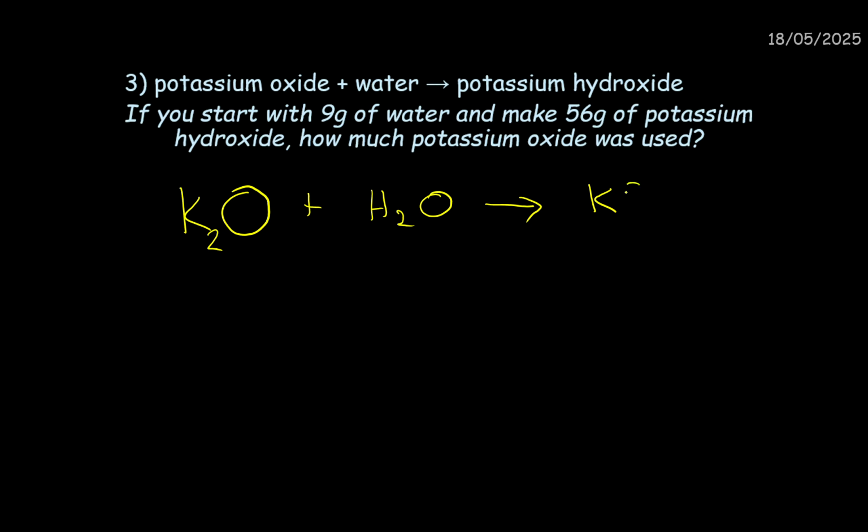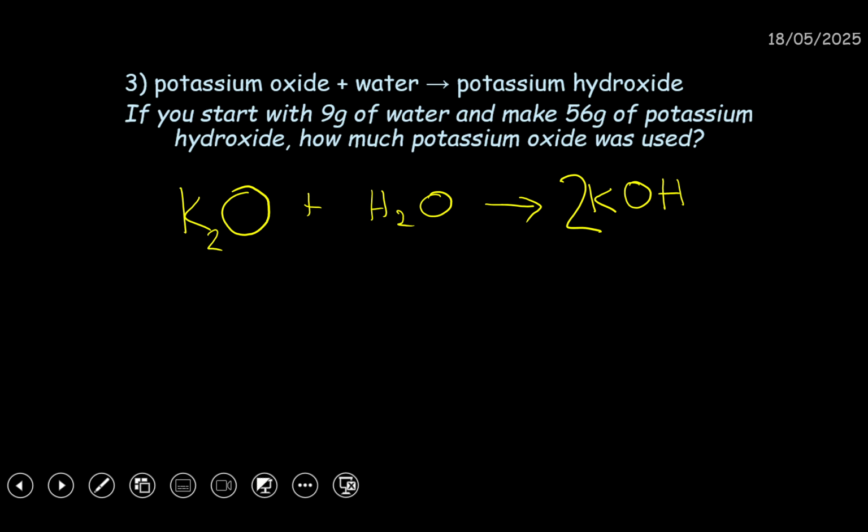Yes, OH. Now look, once you've written out your equation, we need to balance it. If we've got 2 Ks there, we need 2 here. And then I think it's balanced. Once you've written out the equation and balanced it, now you do your table.